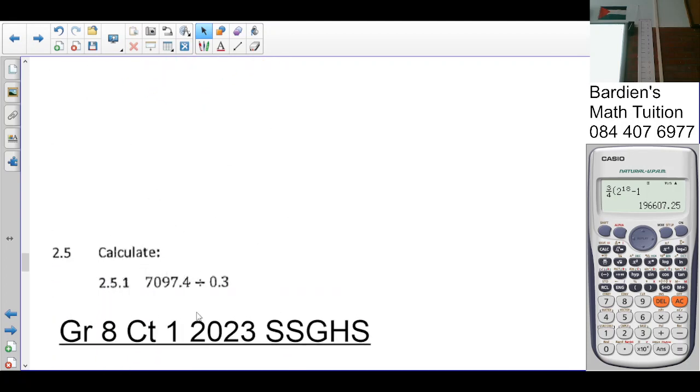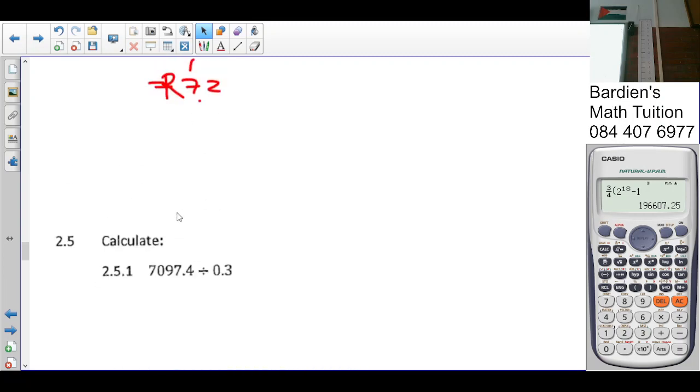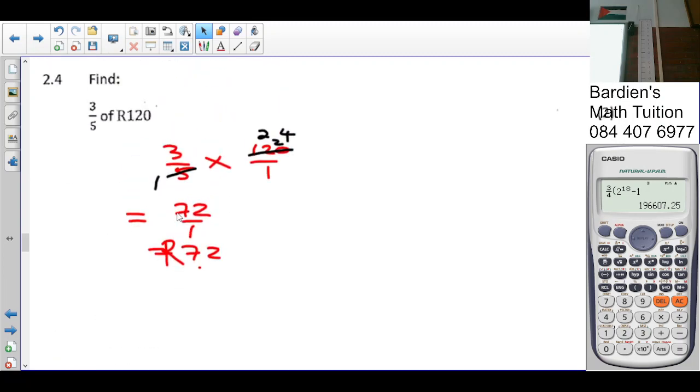Yes? So in that 2.4, sir, must you always put it over 1, or can you also put it over something else? You can't put it over 1 because that is rands. Unless you're going to put it over 100, no, you can't.